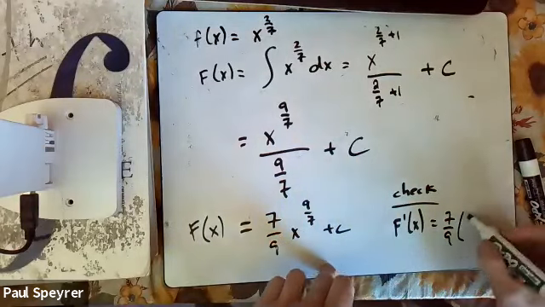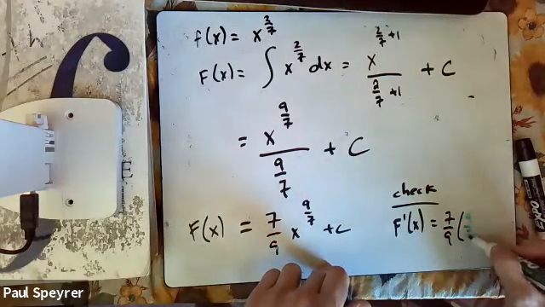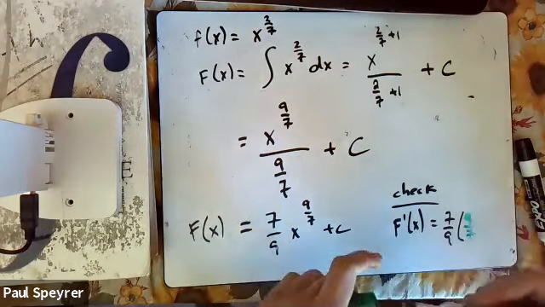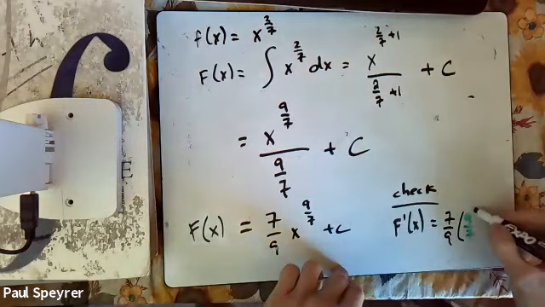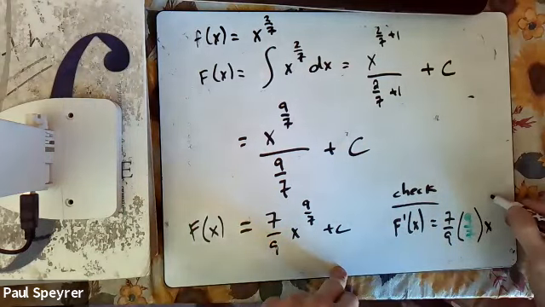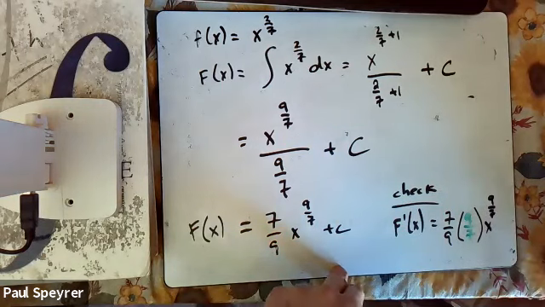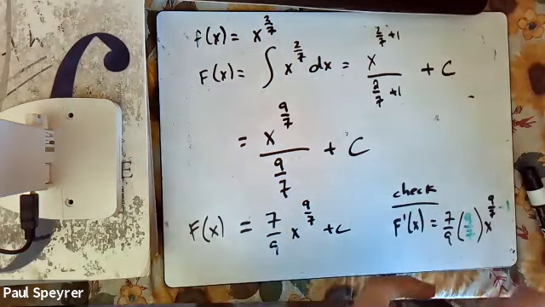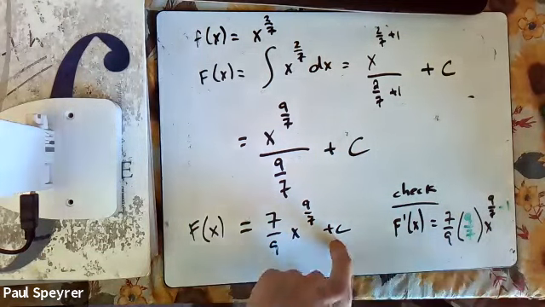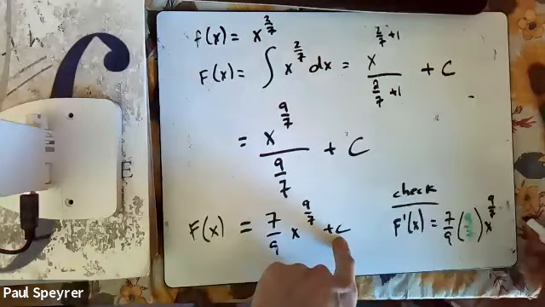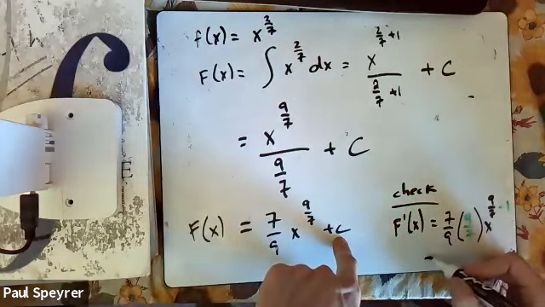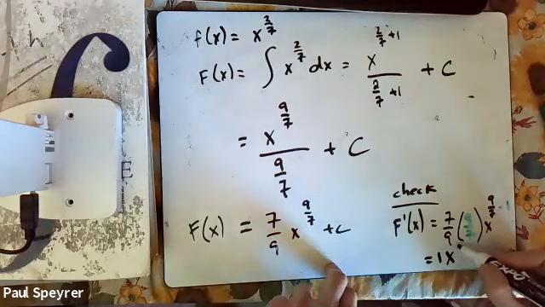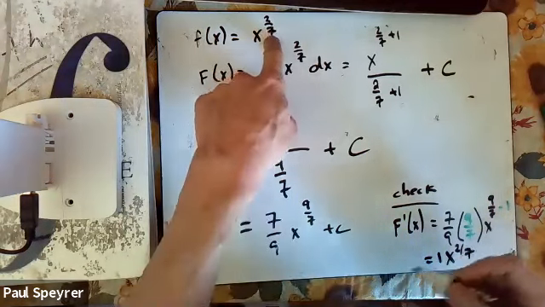So we're going to have 7/9 times 9/7, and then x to the 9/7 minus 1. And the derivative of a constant is 0, so that's gone. So what's 7/9 times 9/7? That's 1. And then we have x. What's 9/7 minus 1? That's 2/7, which is what we got right up here, right?